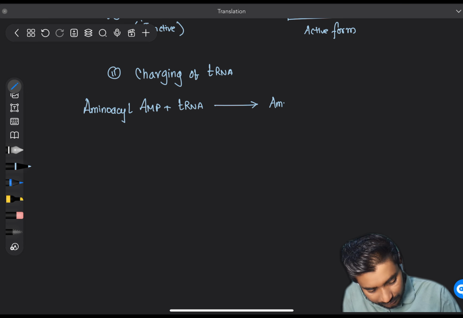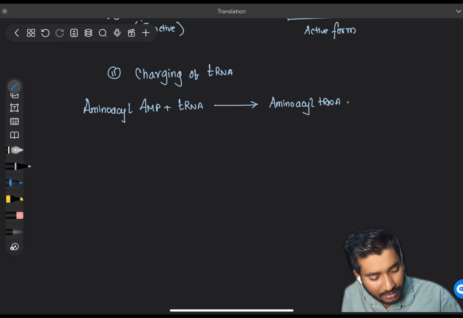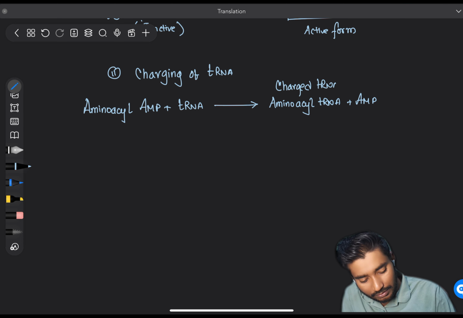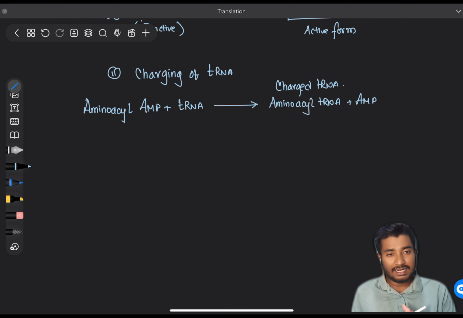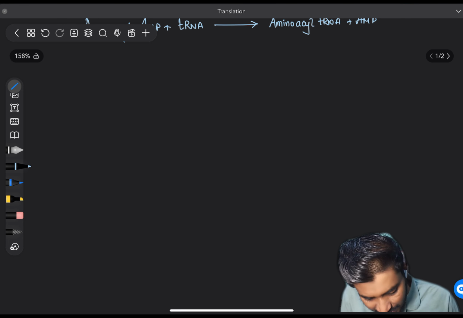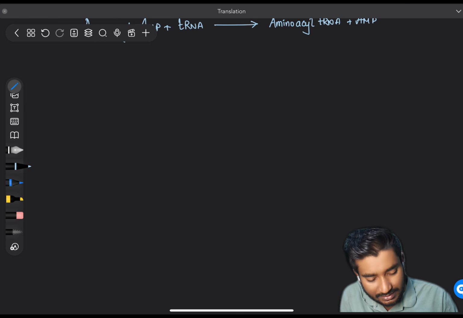It forms aminoacyl tRNA plus the AMP. So aminoacyl tRNA is the charged tRNA. This reaction is catalyzed by aminoacyl tRNA synthetase.